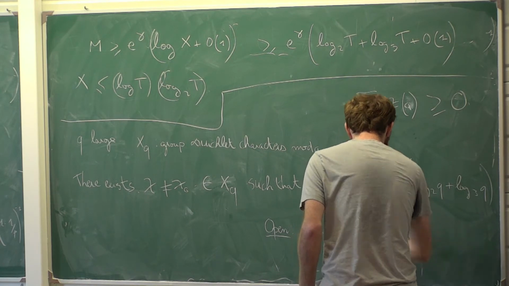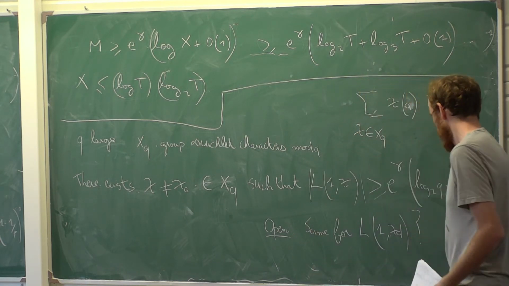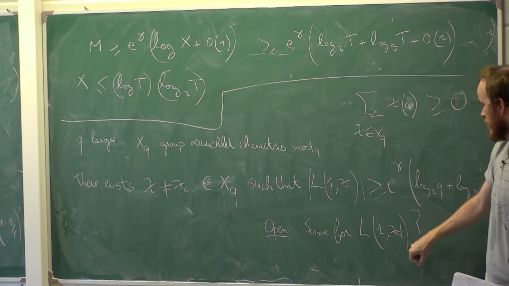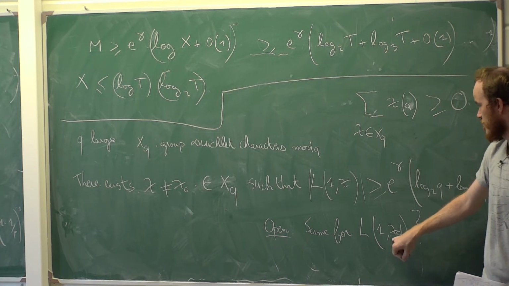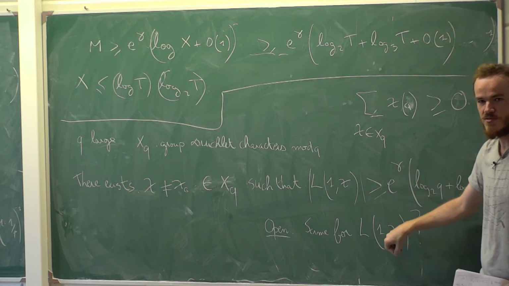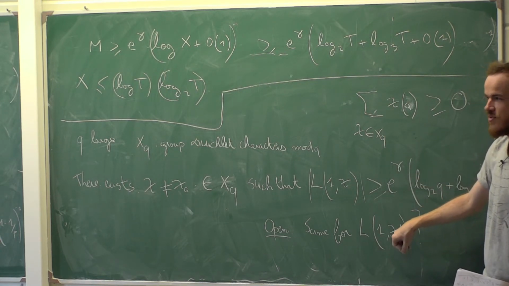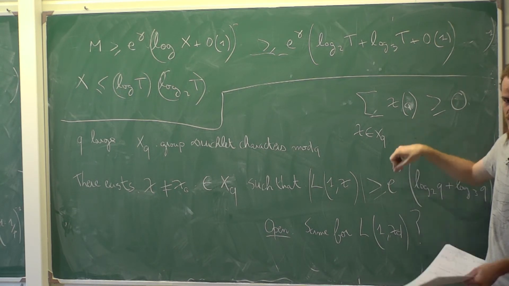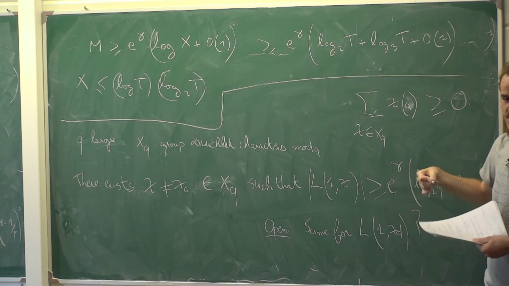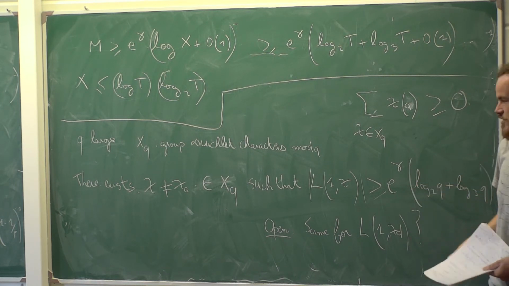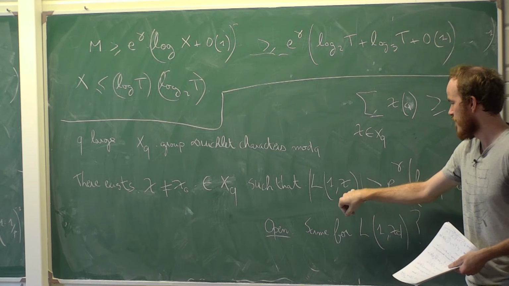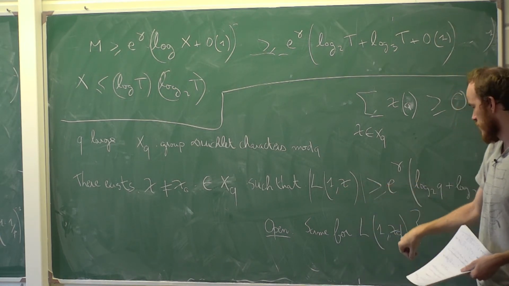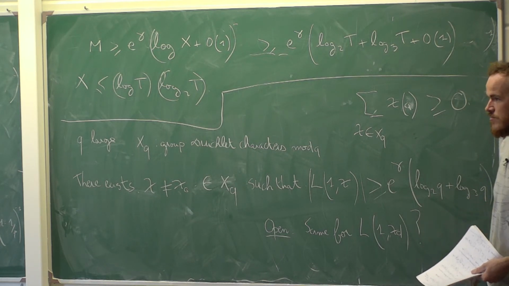If you want, for instance, to get information on the class number of fields, you no longer have this positivity, because you sum only over real characters. You can have an analog of this orthogonality relation, but it's not exact. You have error terms which make the method fail here. So we cannot prove it actually for producing large values for real characters, which would be very interesting. So I think I'm going to stop here.